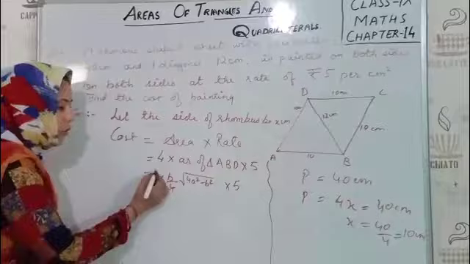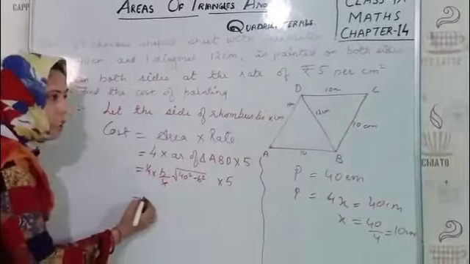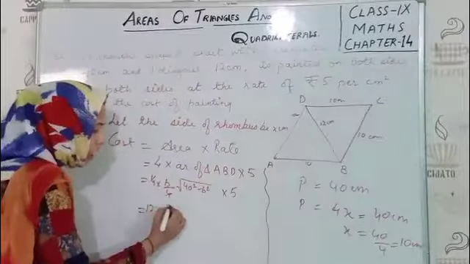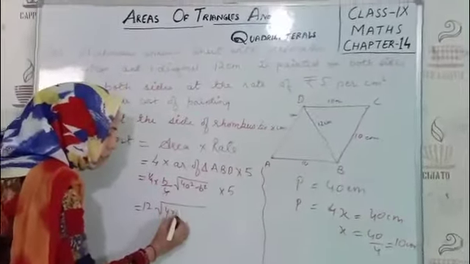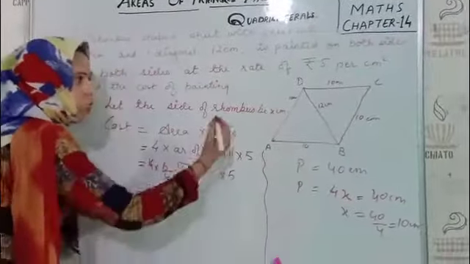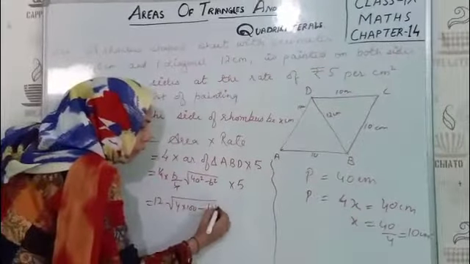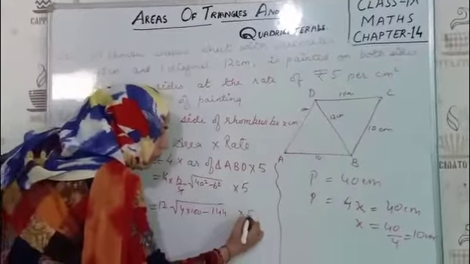Okay, 4 से 4 cancel. It will be equal to base 12 under root 4a square. 10 square means 100, minus b square, 12 square means 144. Multiply by 5.